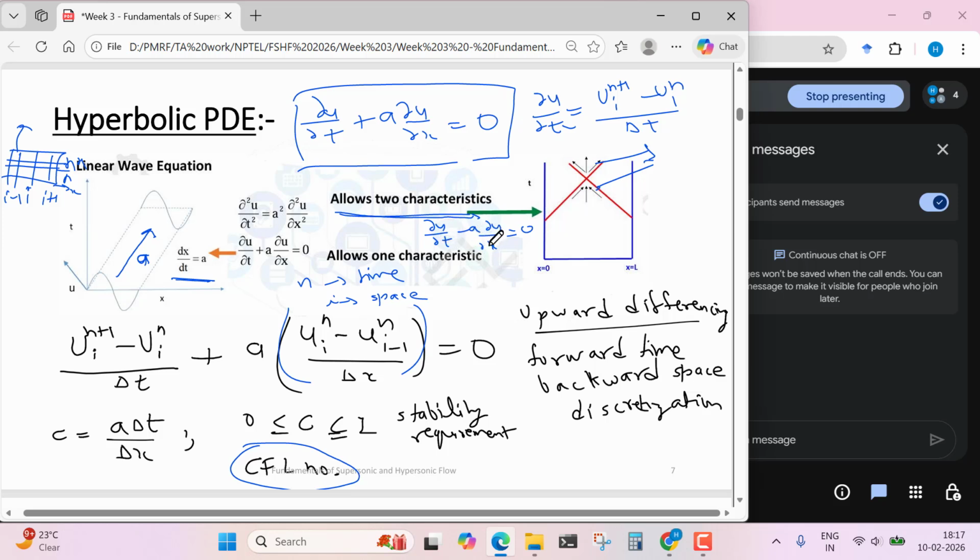Then what will be the velocity of this wave? The velocity of this wave will be minus a, dx/dt = −a. So you can see that one wave is moving forward and one wave is moving backward. That's why it will have two characteristics.